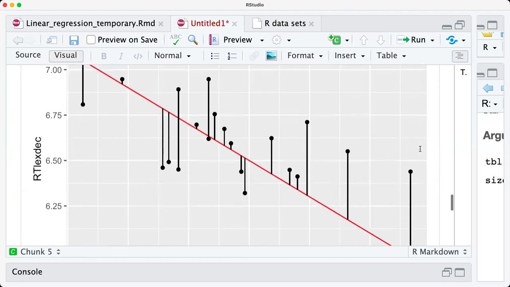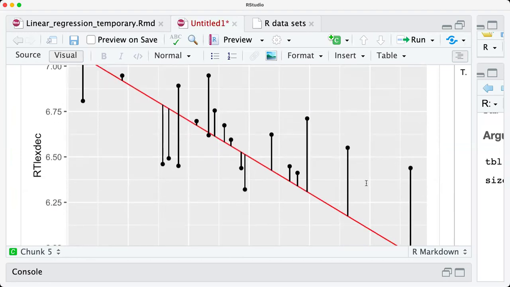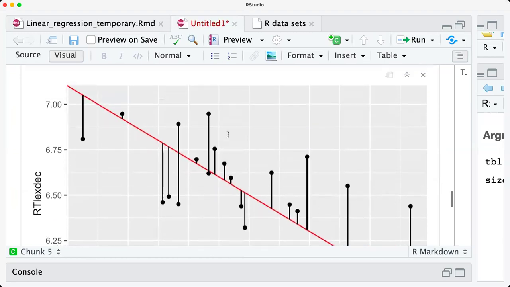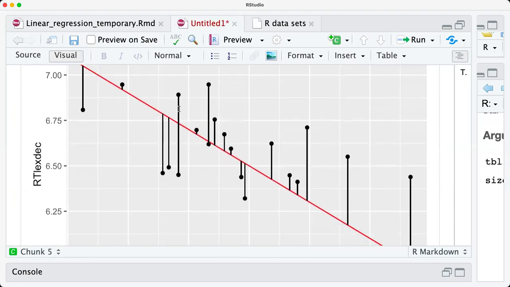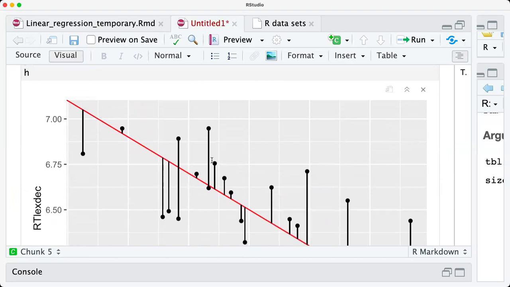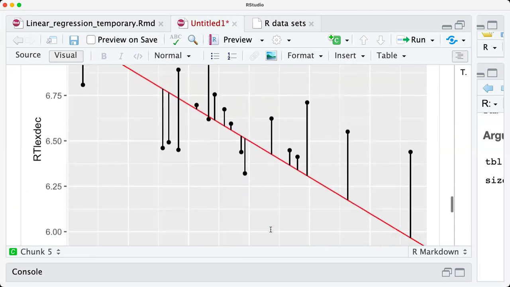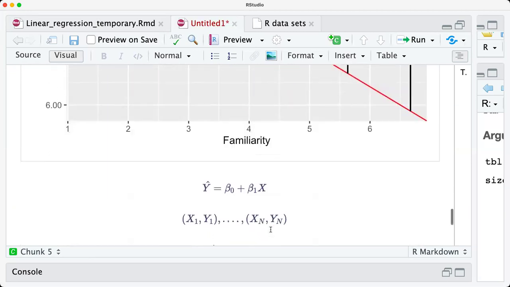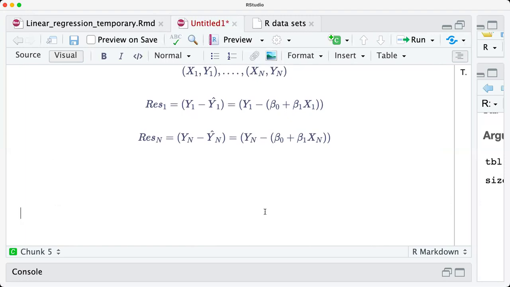Now, these vertical lines are the residuals, and of course they have a sign. The points which are above the line will have a plus sign, and the ones which are below the line will have the minus sign. So how bad is the model?